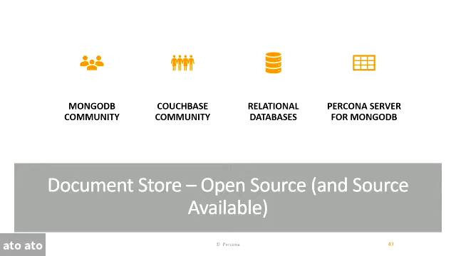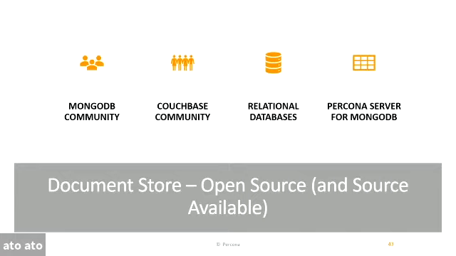MongoDB, as some of you may know, changed the license from open source to source available a few years ago, especially restricting their competition in the cloud. So MongoDB and Couchbase have solutions. We at Percona provide Percona Server for MongoDB, as an extended community version of MongoDB.